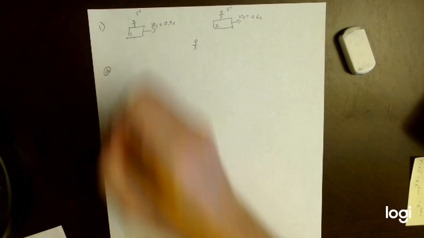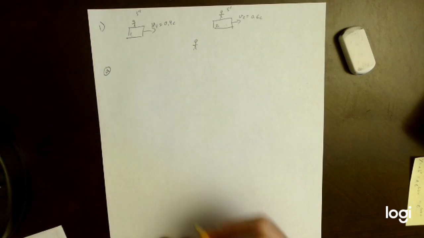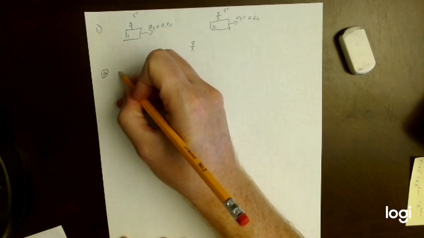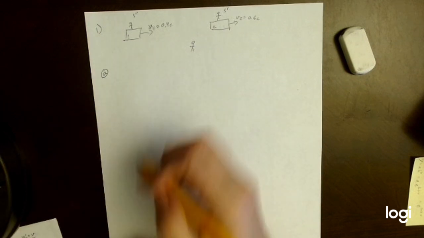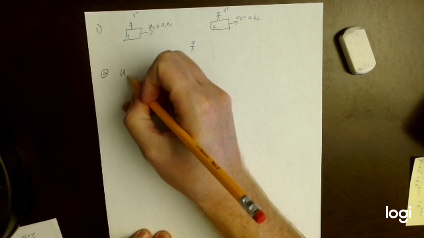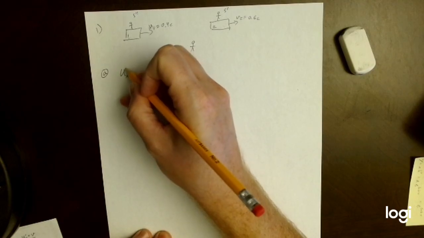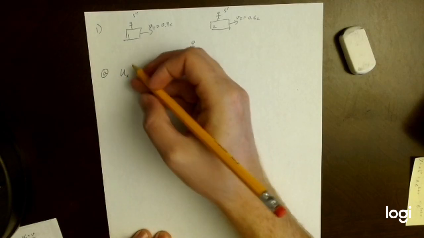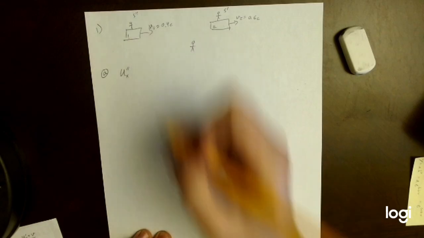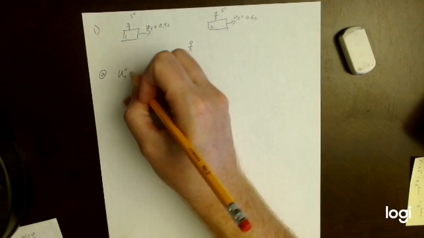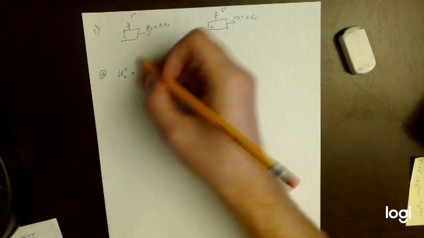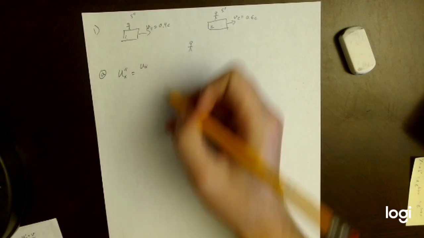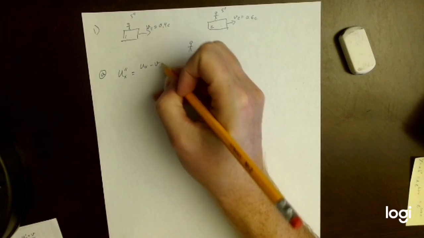So we instead have to use our velocity transformations. Let me be careful here. The u x, in the primed frame, which I'm going to label double prime, will be u x minus v.